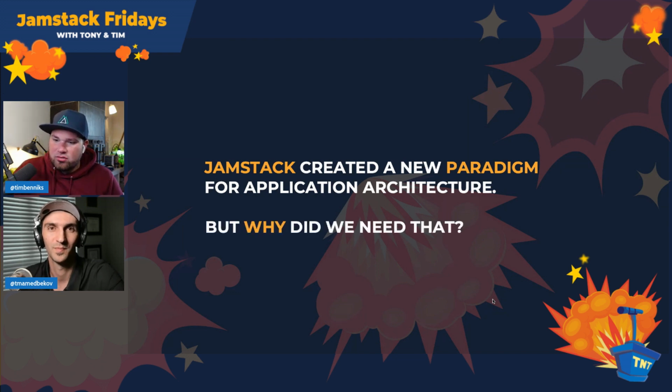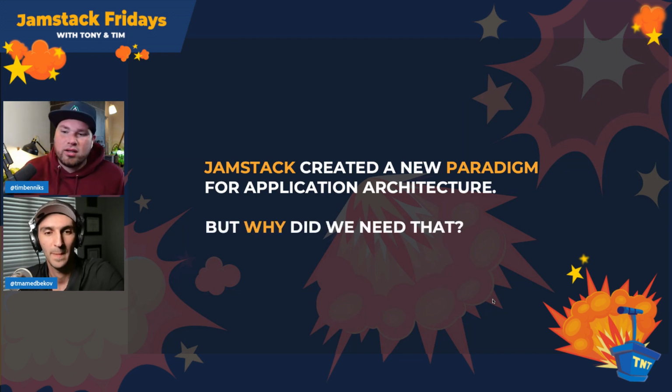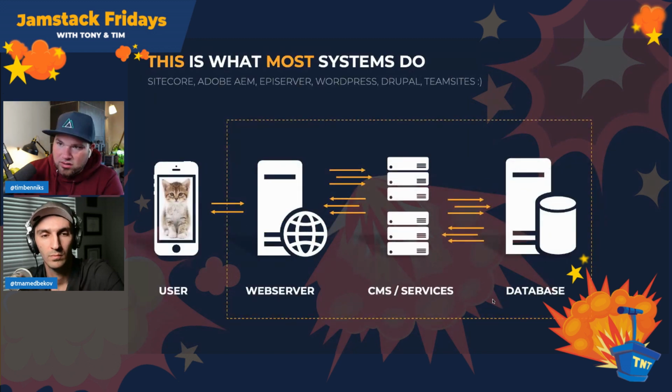Yeah. And so let's talk about why you and I think that we most likely needed this new paradigm, or at least those new tools for static site generation, because this is one big slide. Basically, what a lot of those monolithic systems do, the ones that are not Jamstack, is you have the user that visits the website, and then there's this whole chunk with everything inside.